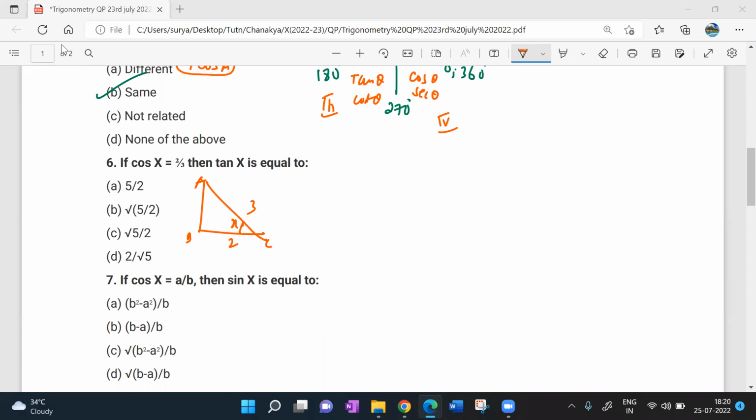What is your opposite going to be now? 3 square is equal to 2 square plus AB square. So 9 minus 4 is 5, so this is going to be root 5. So tan x is what? Opposite by adjacent. So root 5 by 2 is the answer.